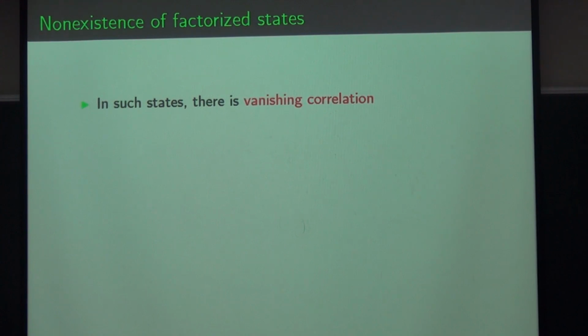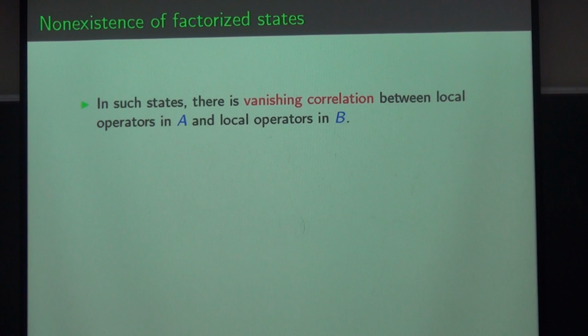In particular, if one considers a chiral fermion theory, only left-moving fermions, not right-moving fermions, and then tries to write down a state which is tensor factorized, which is to say a state in the Hilbert space of the full theory which has no correlations between local operators on the left side and the right side.